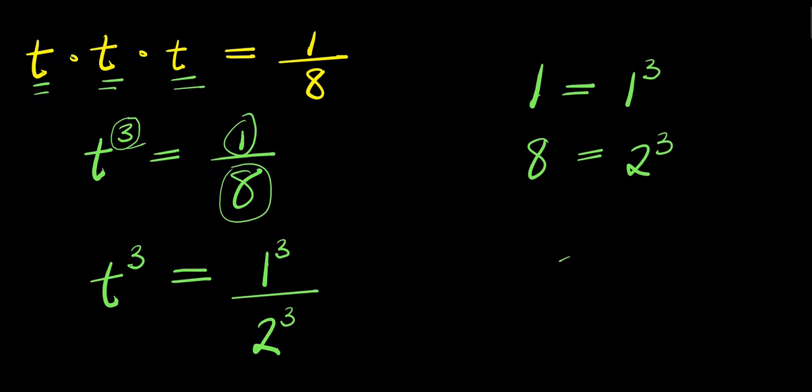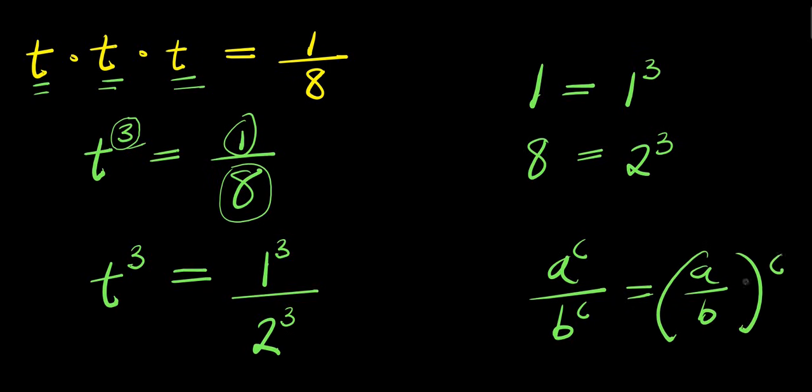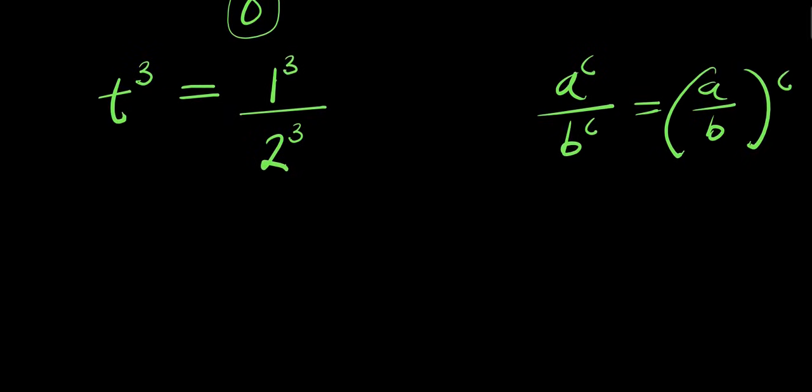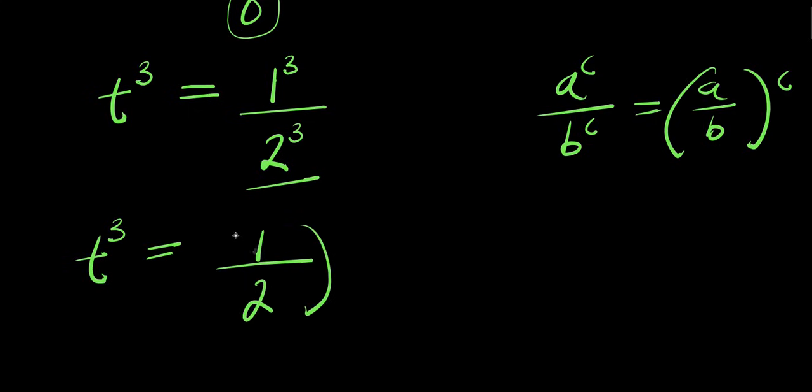Now, a power c divided by b power c equals a divided by b raised to the power of c. So, applying that identity here, I have t power 3 equals 1 divided by 2 to the power of 3.